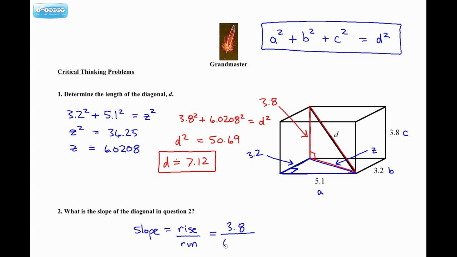So this is 6.0208. So let's work that out. 3.8 divided by that number on the bottom, and I get approximately 0.63. So that's my slope. It wasn't too hard.